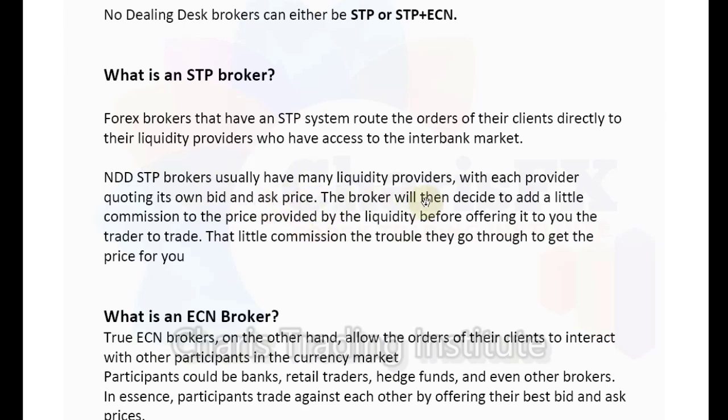So with each of those providers quoting their bid and ask prices, the broker will then decide to add a little commission to the price provided by the liquidity providers before offering it to you as the trader to trade that asset or currency. And that's how they earn money actually.